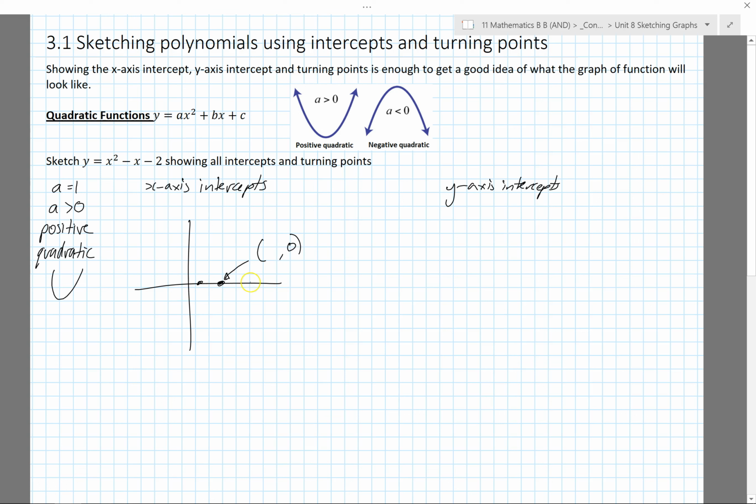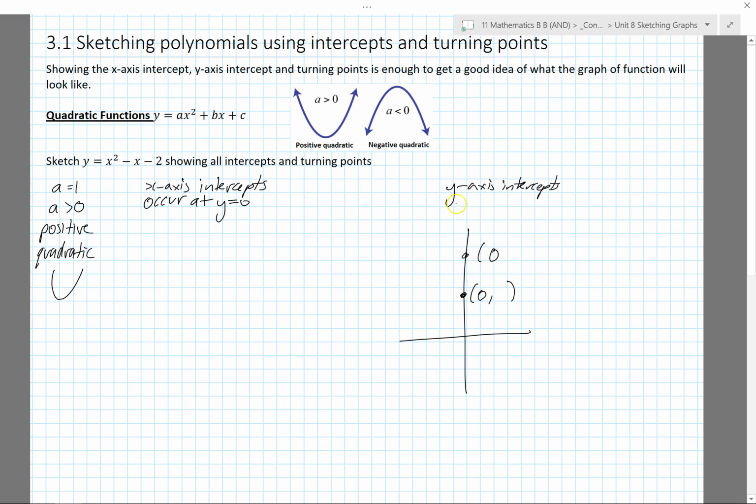They'll all have that coordinate. So I know the x-axis intercepts are going to occur at y equals 0. And by the same reasoning, if I have a point on the y-axis, its coordinates will be 0, something. So I know that these ones will occur at x equals 0.